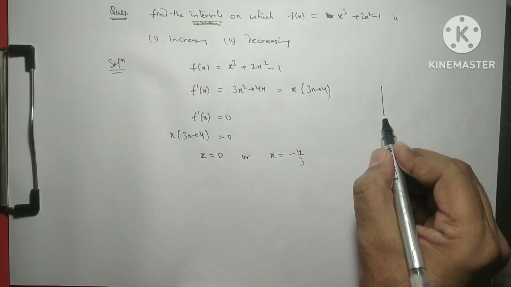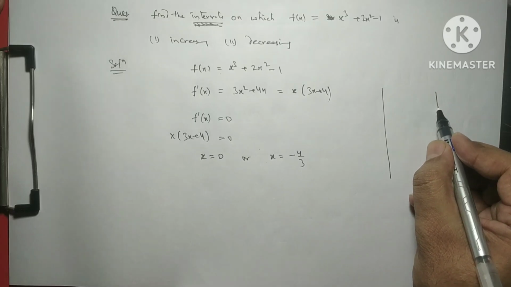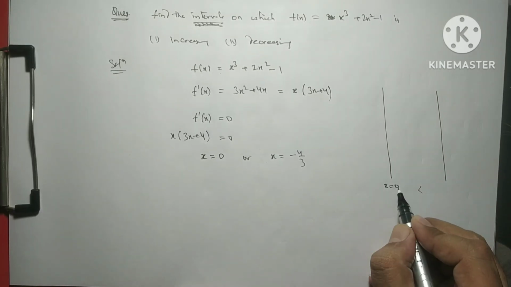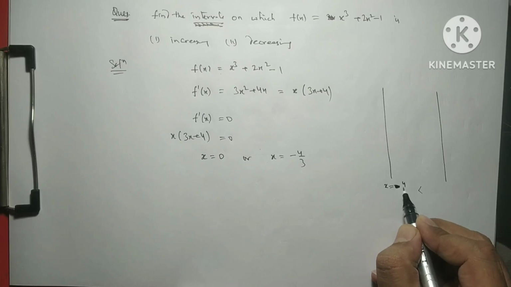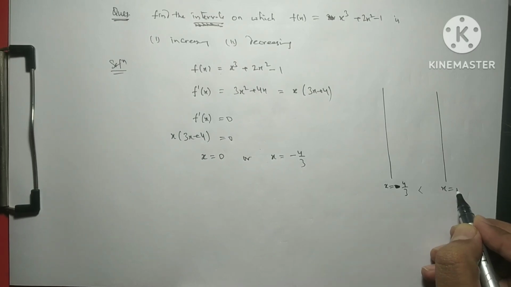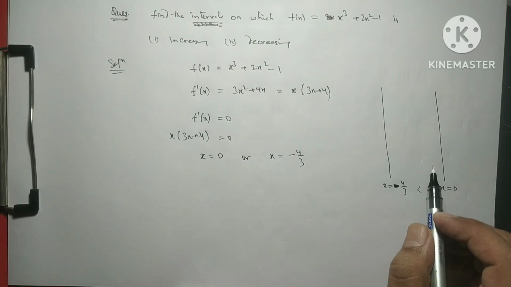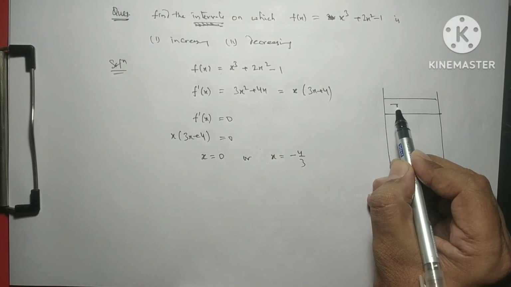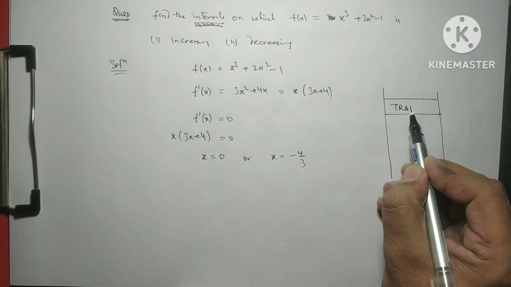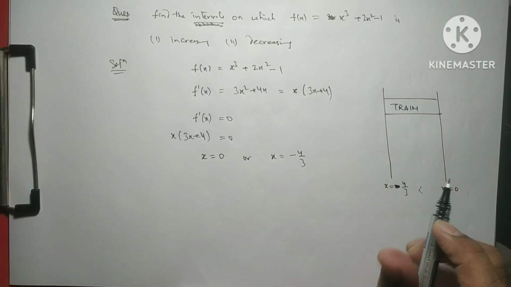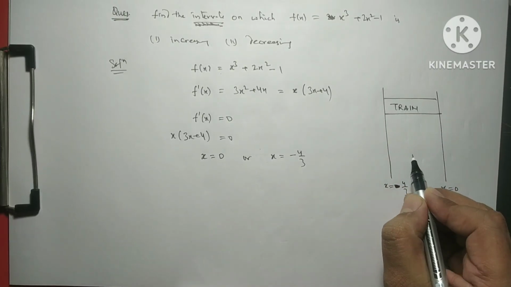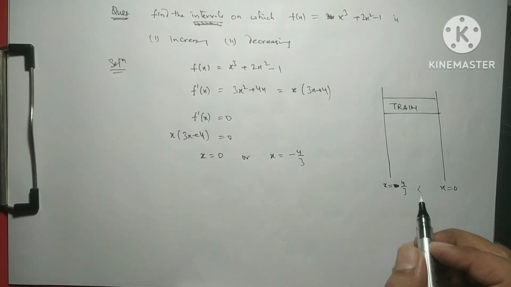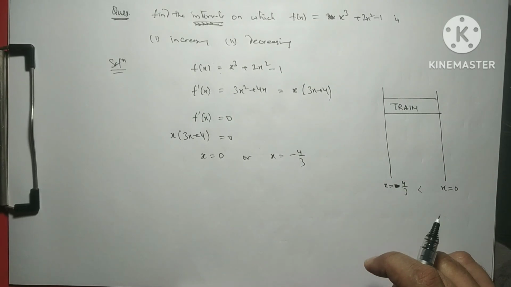Just like this, we have two rails at the positions x equals minus 4 by 3 and x equals 0. If a train is coming on the track and you are in between the rails, then you will be at a loss because the train will hit you.